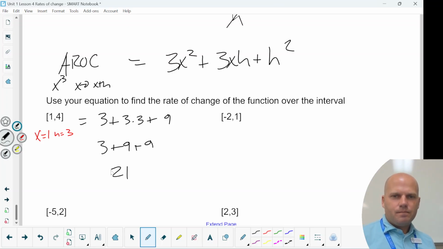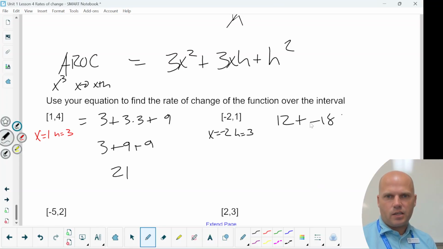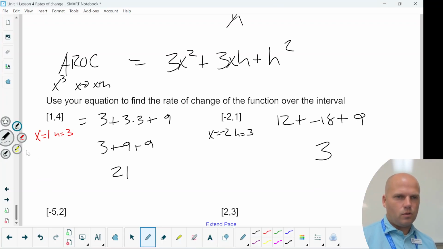Done! Here, x is -2, h is 3. So this will be 12. Plug in -2, I get -6 times 3, which is -18, and 9. So this is 3. Cool. -5 to 2.